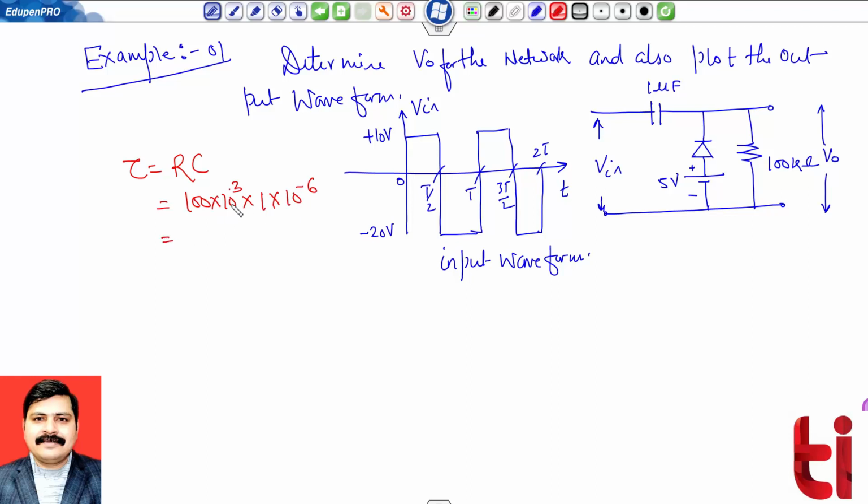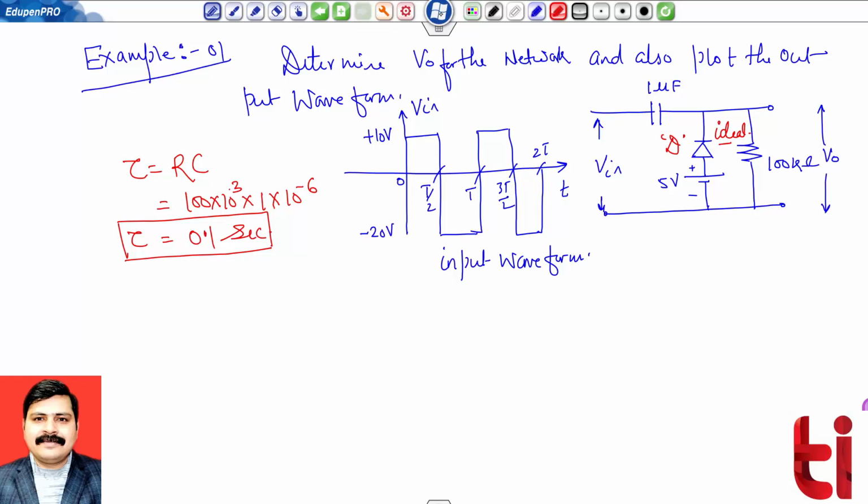So it is 0.1 second, that is the value of my tau. Further, nothing is given for this diode, so I'm assuming that my diode is also ideal.